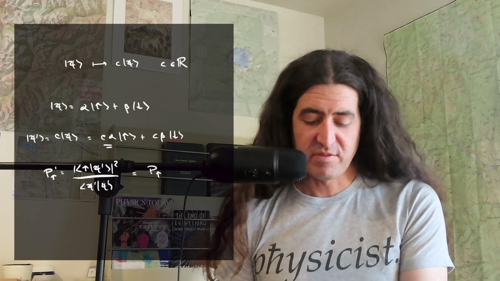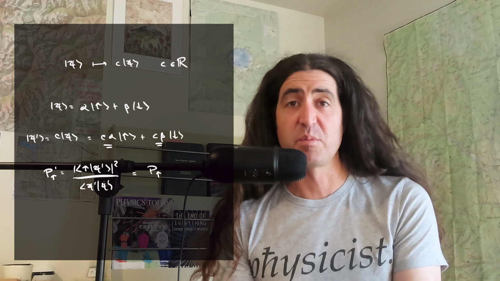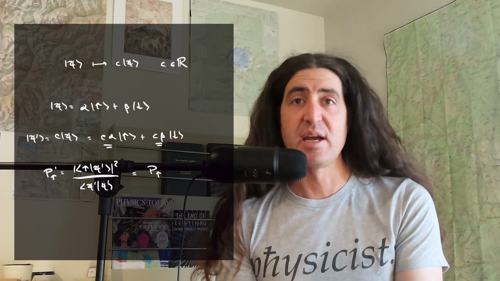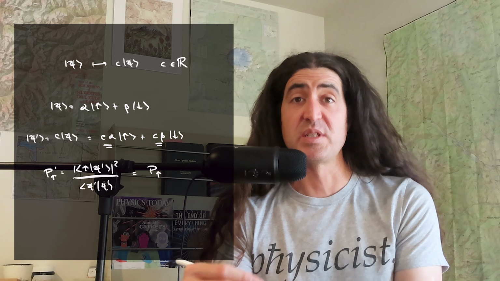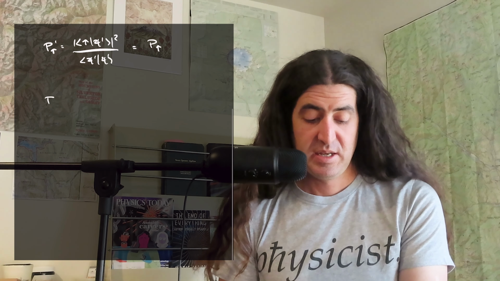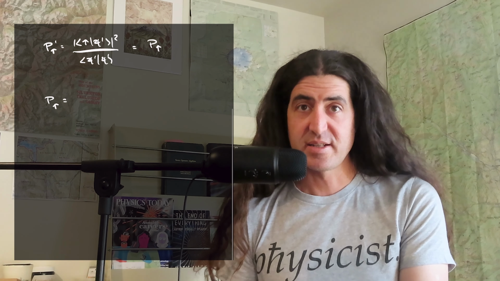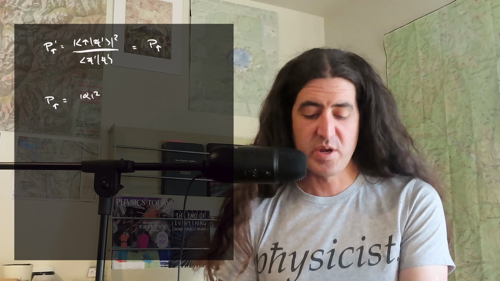So just from our definitions, we already see that multiplying the entire state vector psi by a constant c, a real constant, just amounts to multiplying the components. So in other words, alpha goes to c times alpha and beta goes to c times beta. Since the probability that we discussed last time of finding the particle in the up state is given by mod alpha squared divided by mod beta squared plus mod alpha squared, what you actually end up doing is just multiplying by c on the numerator and the denominator, right?